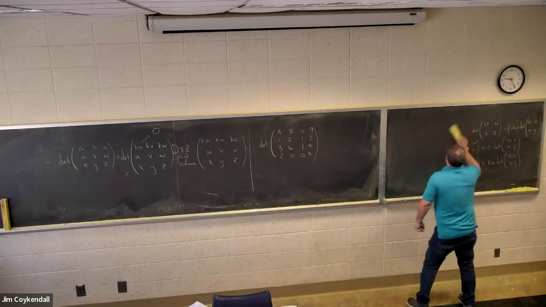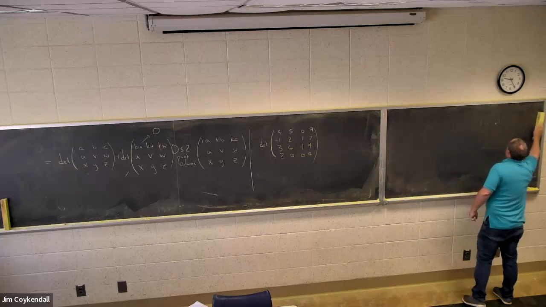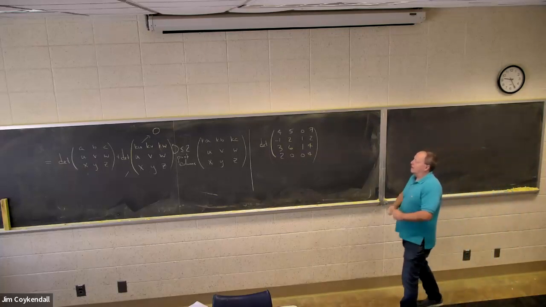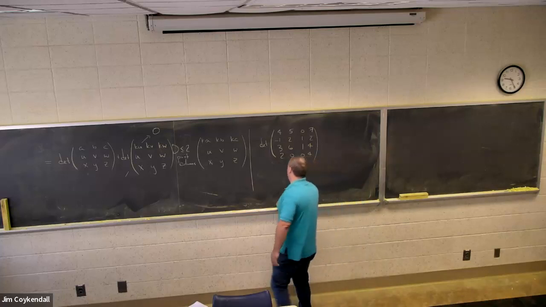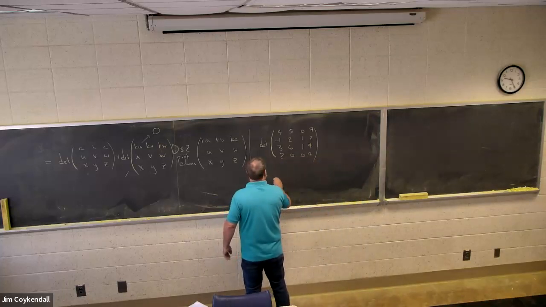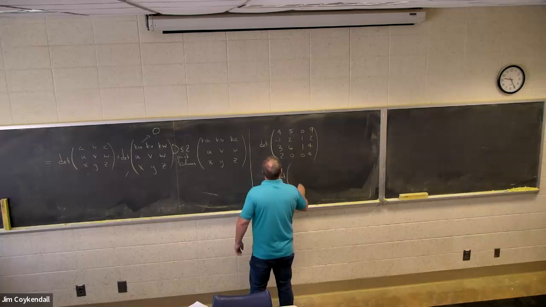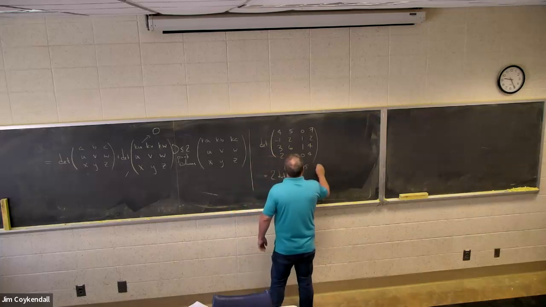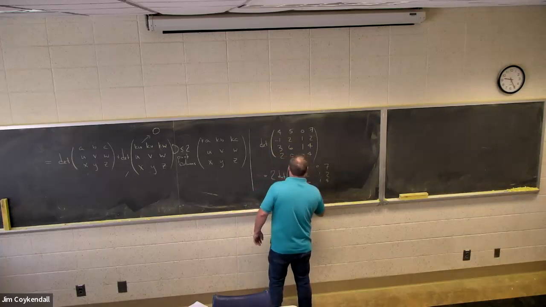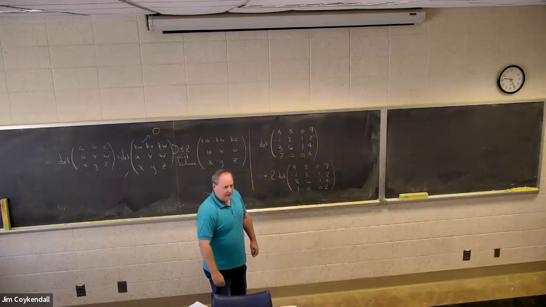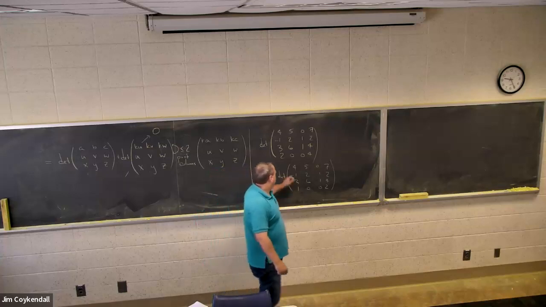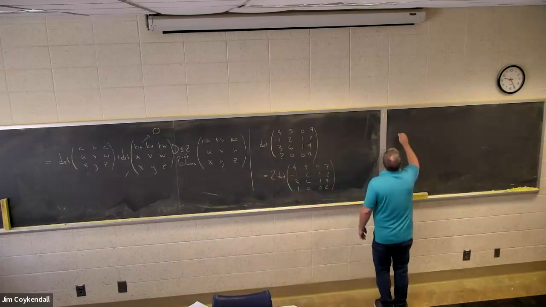Well, I'm going to do some row operations here and try to keep track of what I'm doing. The 2 is obnoxious here, so I'm going to pull this 2 out. Now I can swap rows.